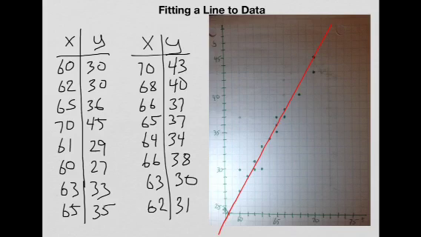If I look, I have 1, 2, 3, 4, 5, 6 points above the line, 1, 2, 3, 4, 5, 6 points below the line, and it looks like 2 points on the line. I don't really care if I have any points on the line. It looks like about splitting in half, about half above, half below. I look like I'm going about in the same direction that the dots are going, so it looks like a reasonable line.